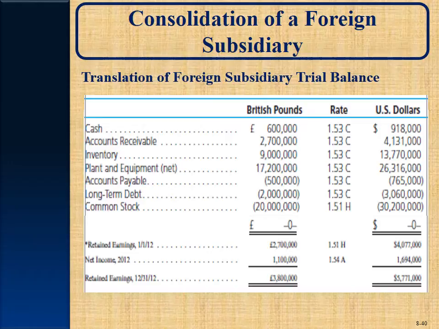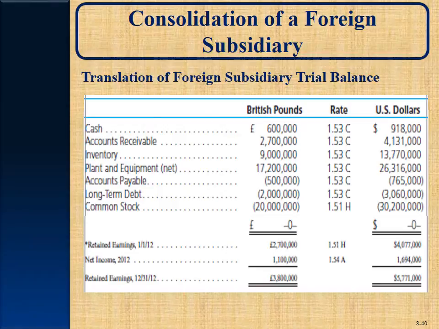Now, the retained earnings balance on 1/1/2012 for this company was £2,700,000. We convert that beginning retained earnings at historical cost because we bought an existing company here. The parent bought an existing company. It was $1.51 per pound was the conversion. So that's $4,077,000.